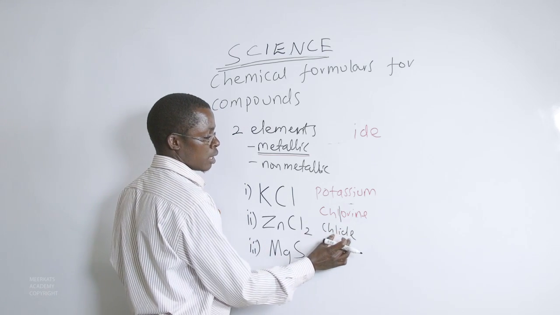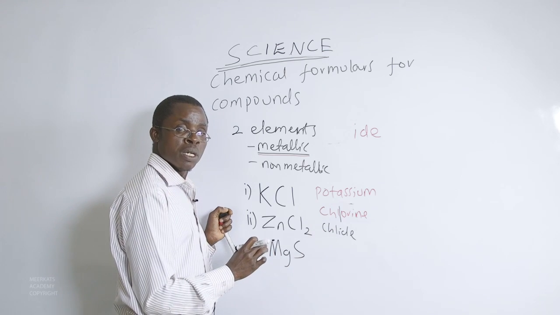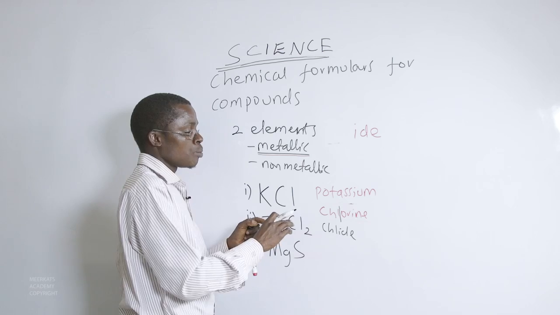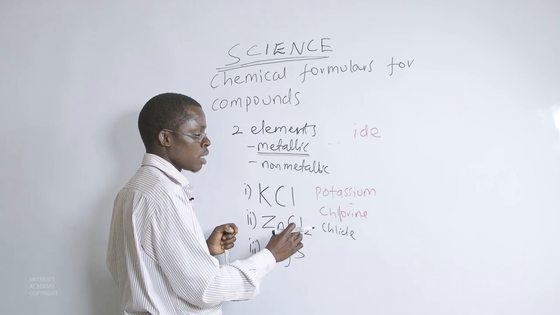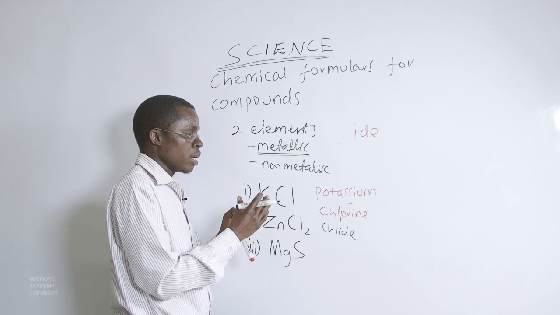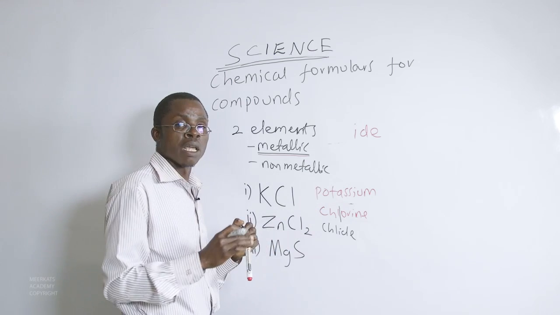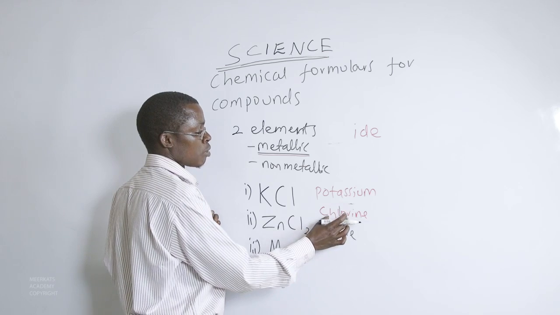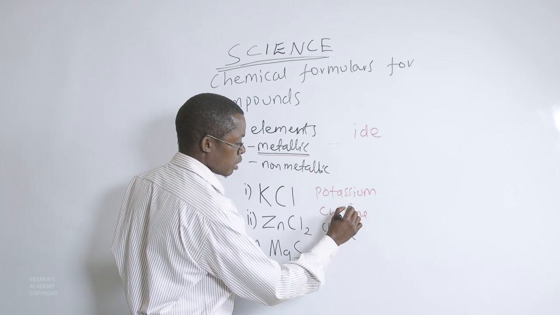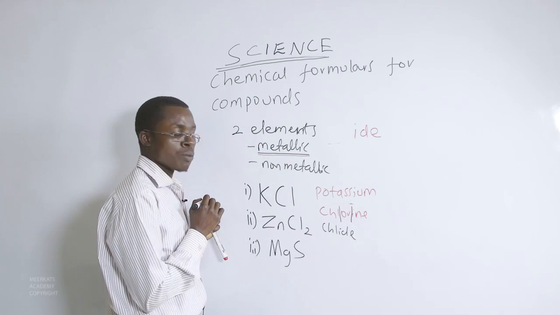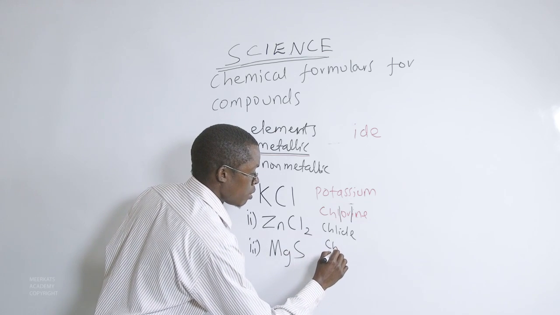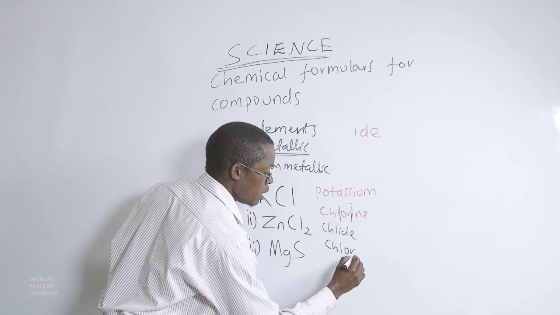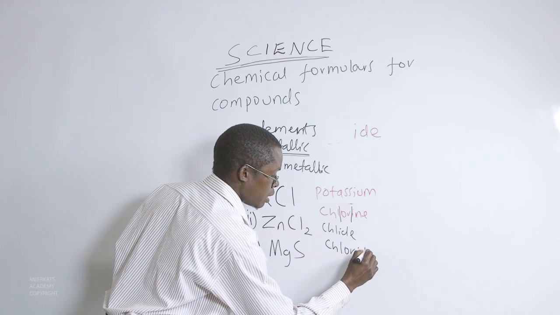You see, reading this name will be difficult. It doesn't bring any sense. So you don't just pick any part. You have to make sure that the part you are picking plus IDE gives out a good name. So that's why for this one we cut at this point, so that when we add in IDE, it is chloride.